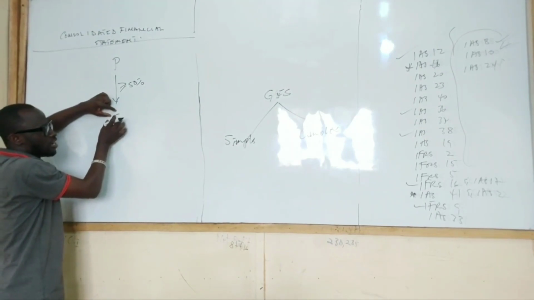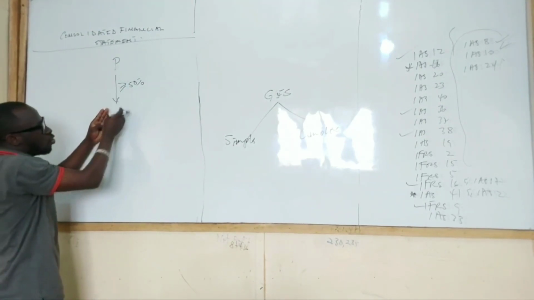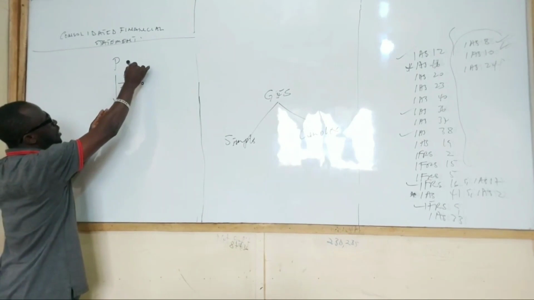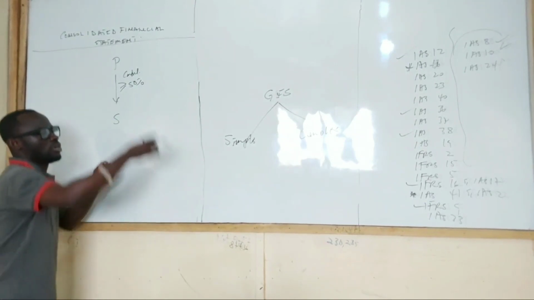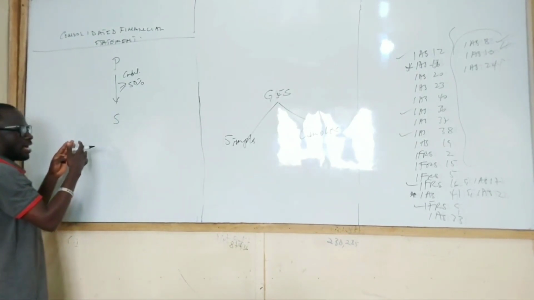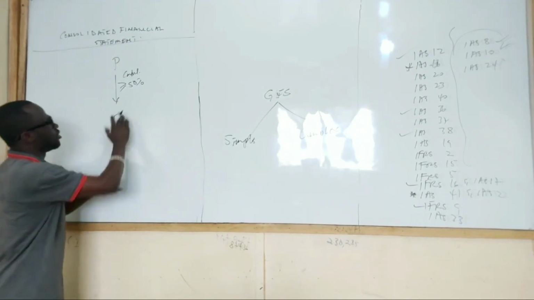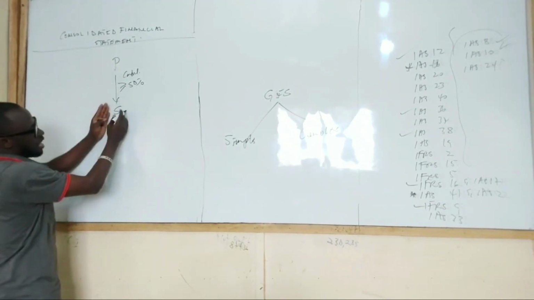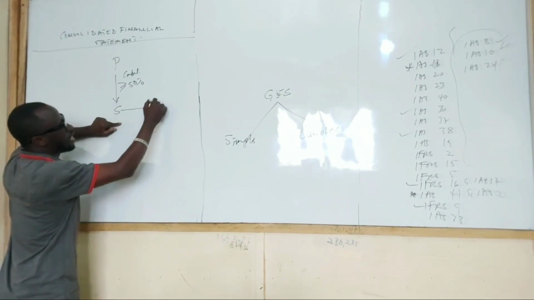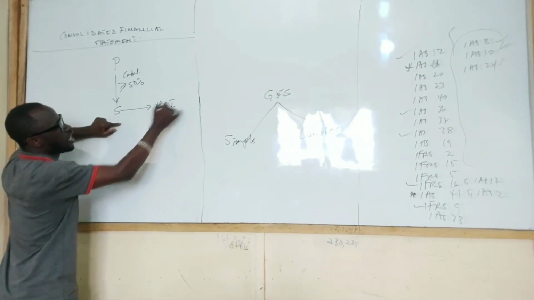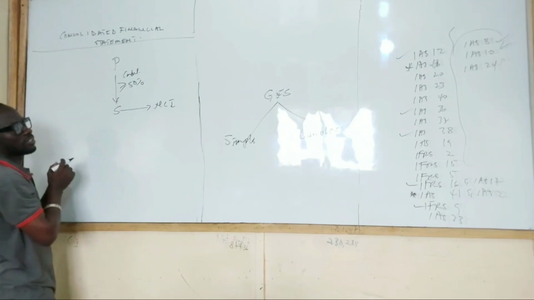A subsidiary. So if we have control, the word control simply means the ability to influence the financial and operational decisions of the organization. So that becomes our subsidiary. Then certainly we're going to have a non-controlling interest for whatever percentage.